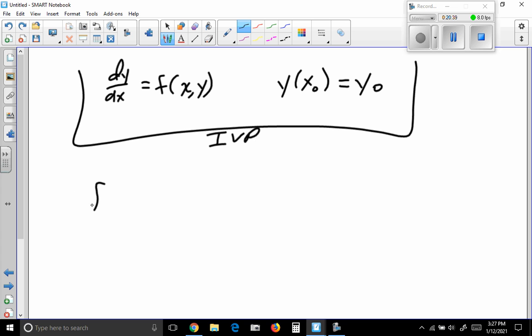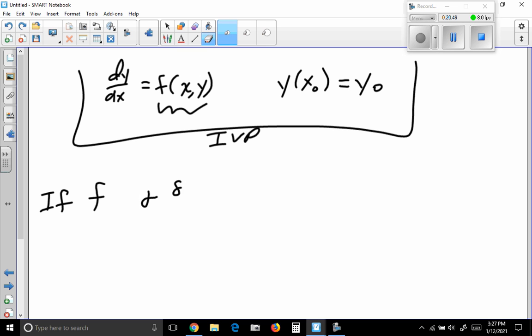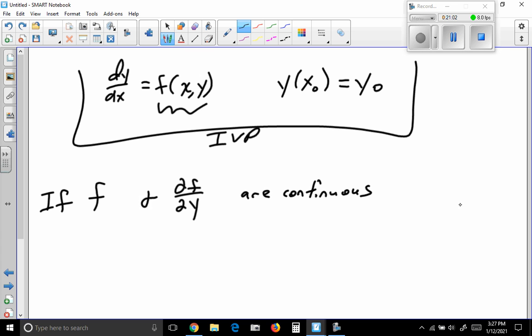So if that function and the partial of that function with respect to y are continuous, and not just continuous anywhere, but continuous on some rectangle R, such that points x, y, x is between some a and b, y is between some c and d.